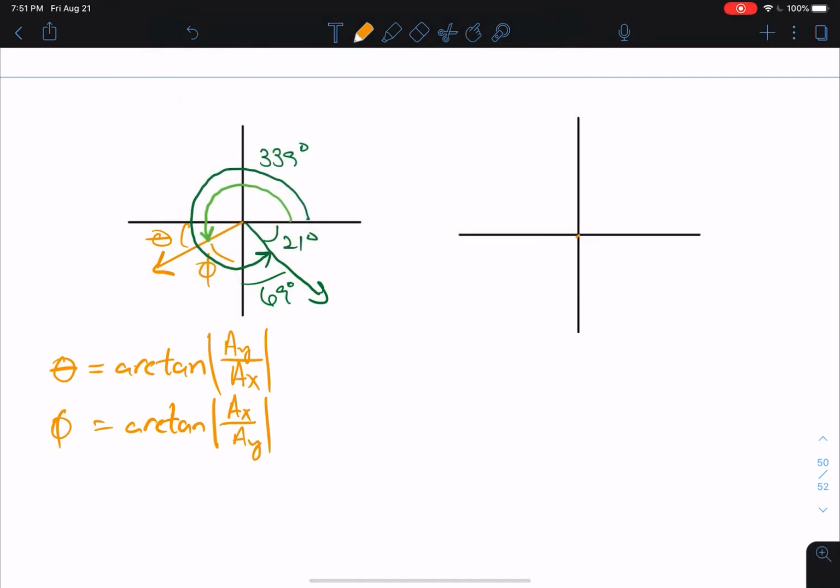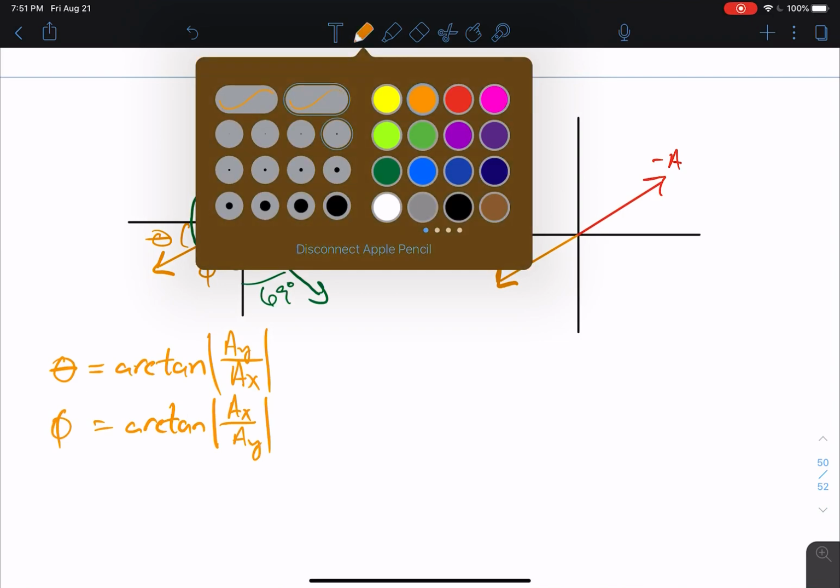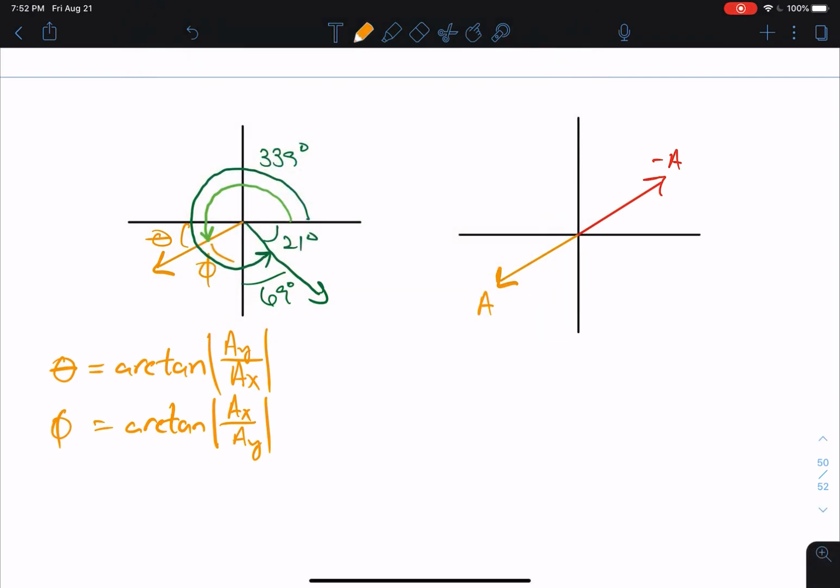So going back to my first vector, if that's pointing this way, well, then negative a has got to be pointing the exact opposite direction. So this is negative a, and that's a. They're anti-parallel. They're pointing exact opposite directions.